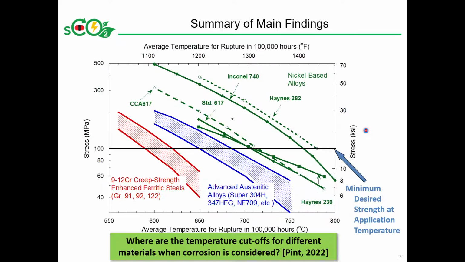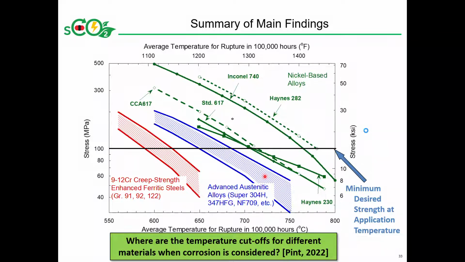And if we come back to this Shingledecker chart, again, that showed us that for operation at a given temperature, the minimum desired strength at that application temperature is given by this line. So we can see that we've got materials available that provide the strength.